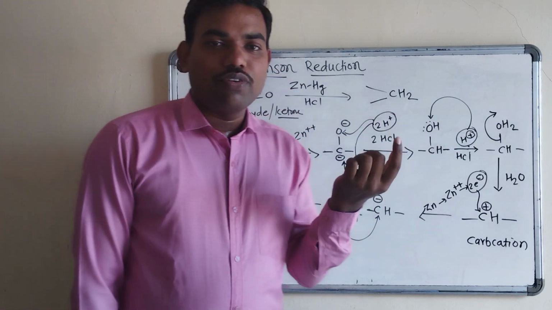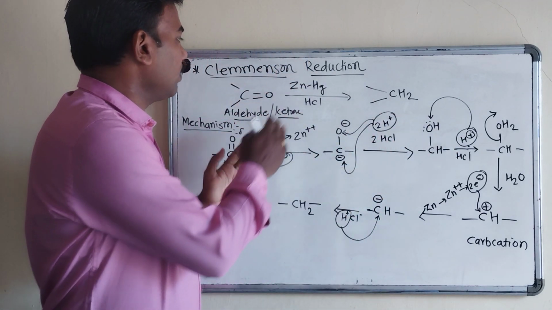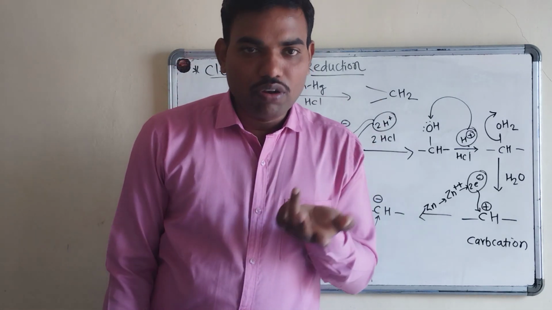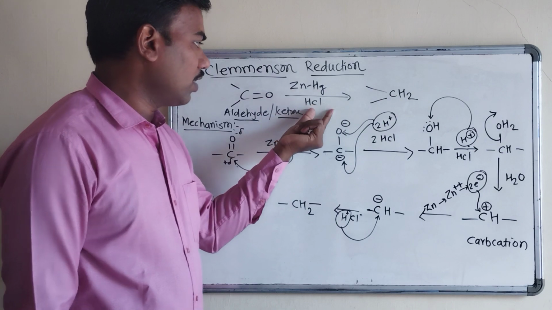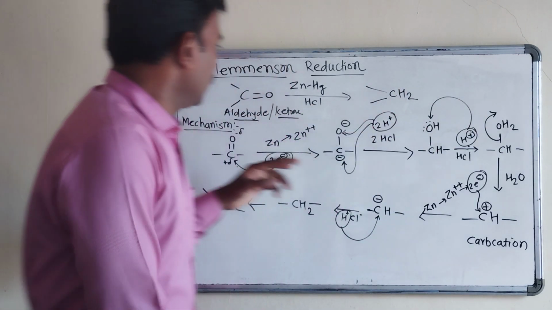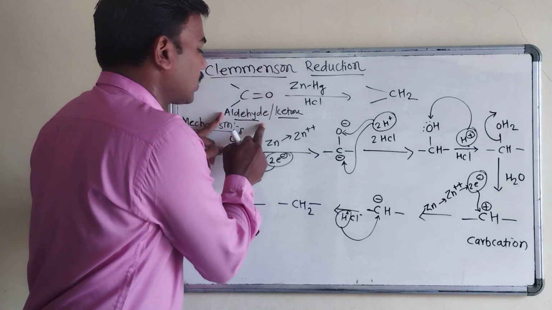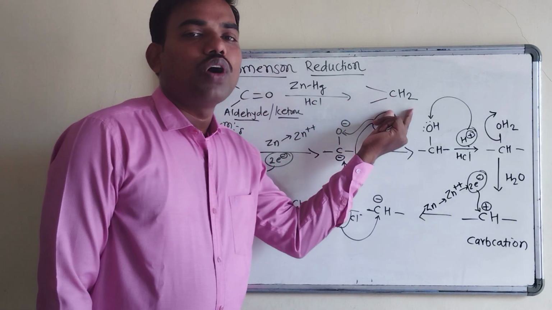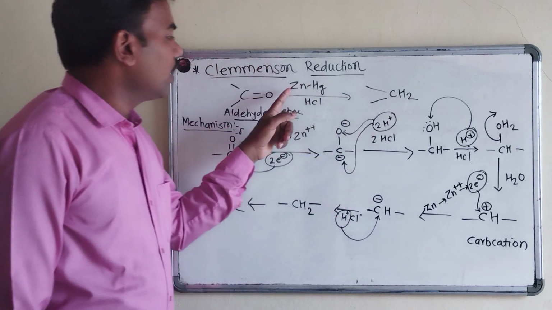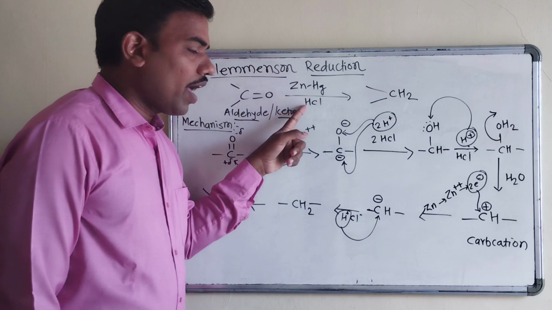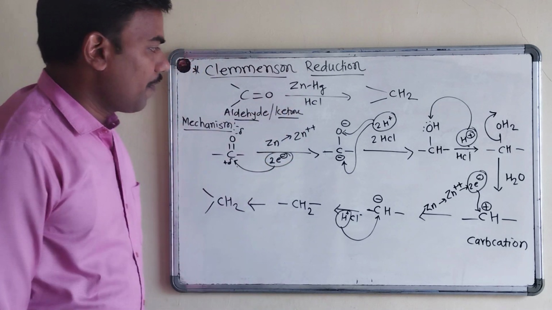In the next video we will compare the Clemmensen reduction and Wolff-Kishner reduction. But here we will go for our point, that is Clemmensen reduction of aldehyde or ketone into alkane in presence of zinc amalgam and HCl.